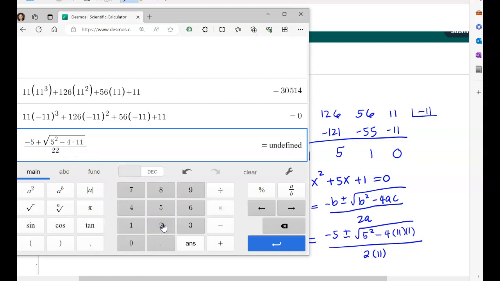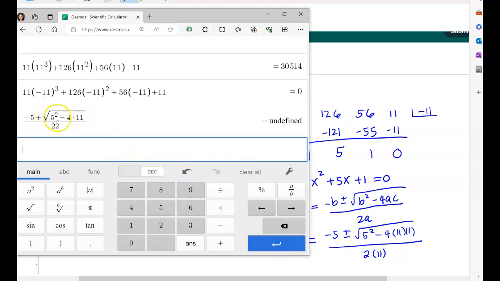Oh, probably the answer here, it says here undefined. So could be that the answer here is imaginary. Now, just take a look at this. So you can go back and see, all right, what would cause this to be imaginary if this is actually negative? So you can do step by step. So you go back and see, okay, 5 squared is 25 minus 4 times 11, that's 44, and that's equal to negative 19.